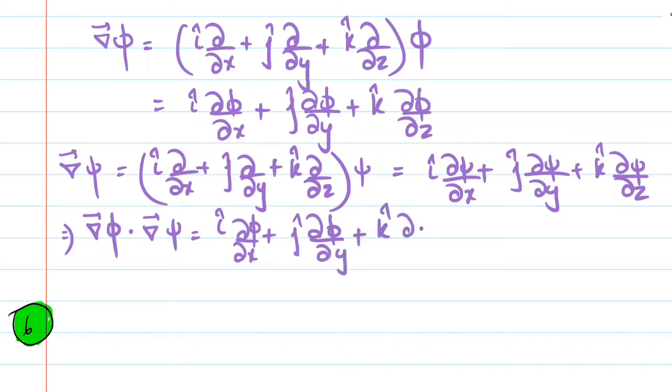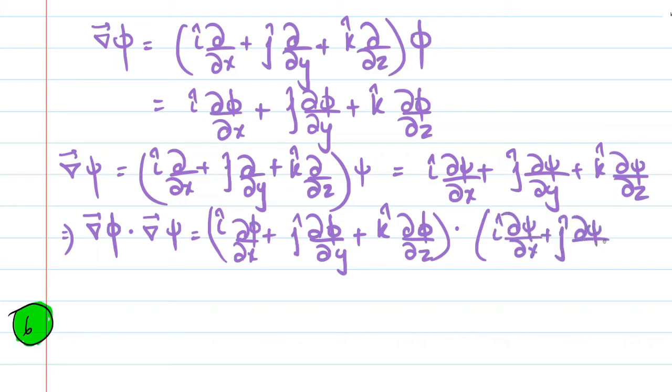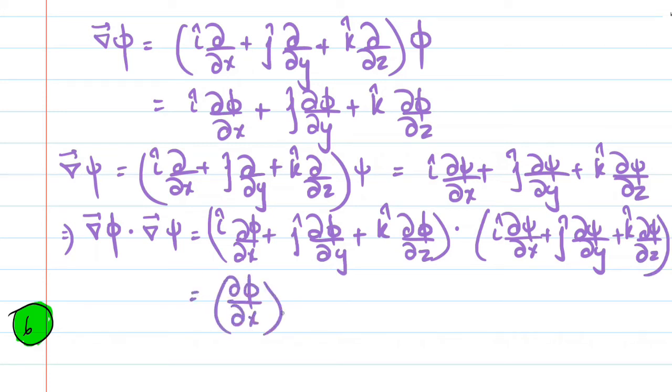So here we have our del phi, and it is having a dot product with del psi. And what would we get? Only a scalar quantity.